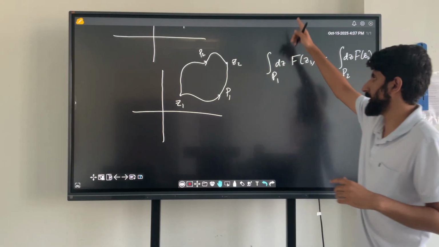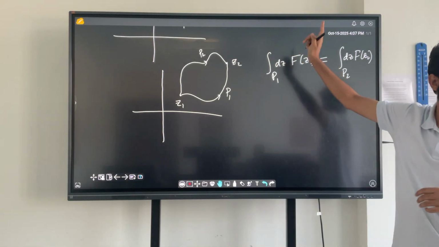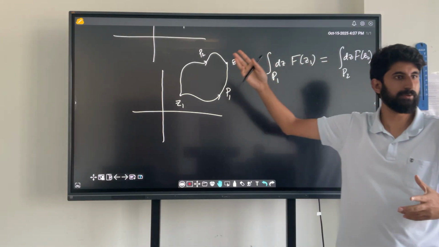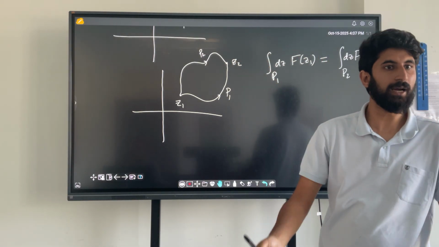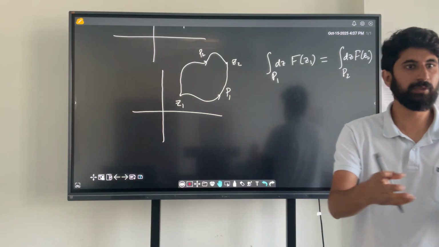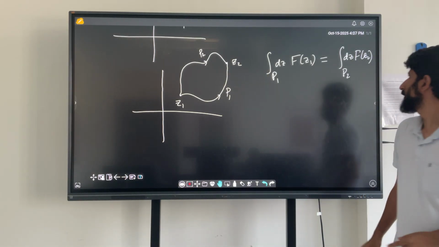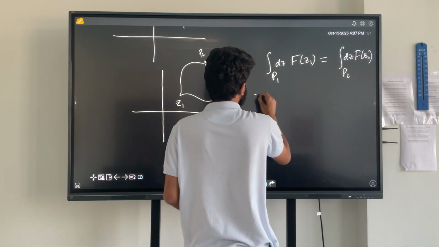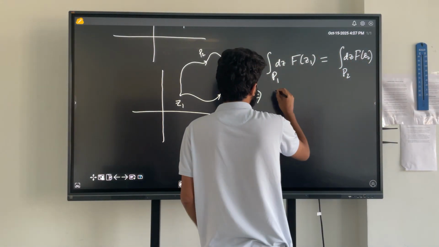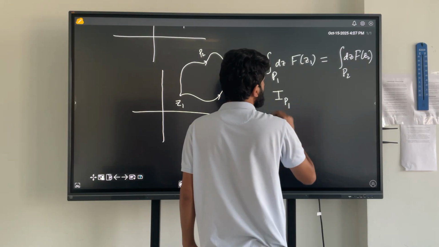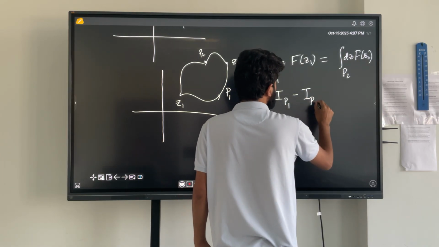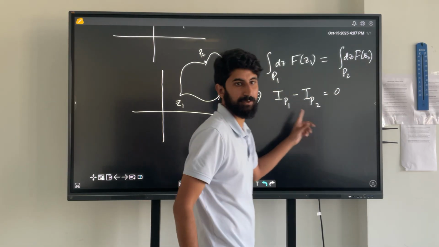Only then would the thing that I wrote, the integral from z1 to z2 of dz f of z, which didn't have any path, make sense and have some definite answer. Let me call this IP1. So IP1 minus IP2 should be 0. This is what I have to show.